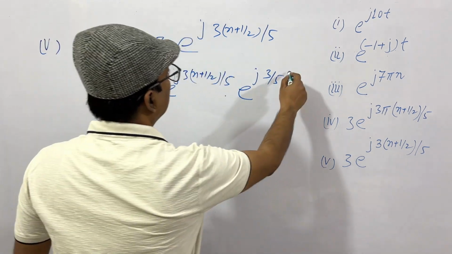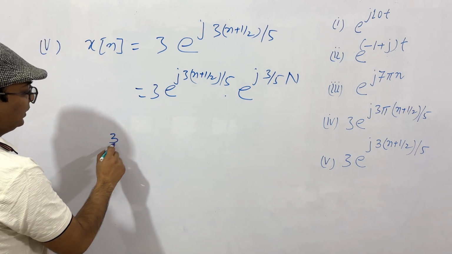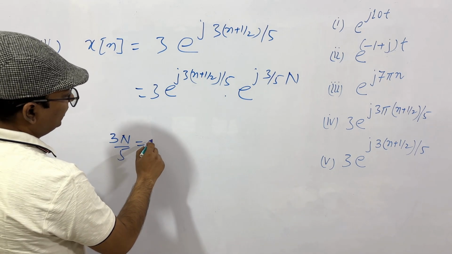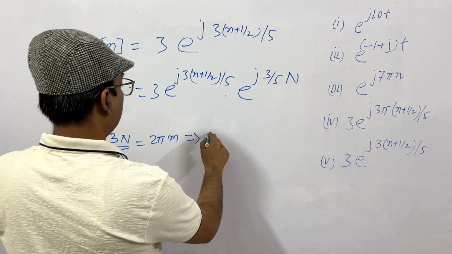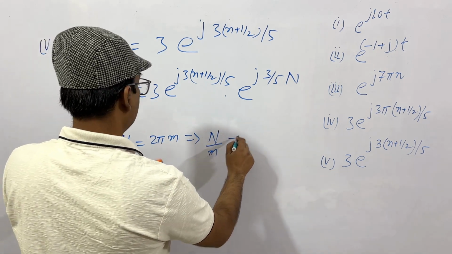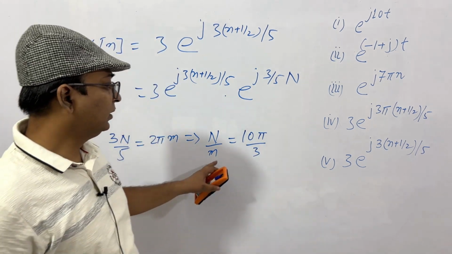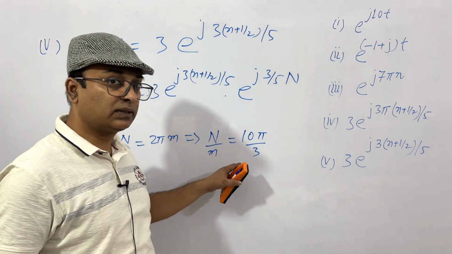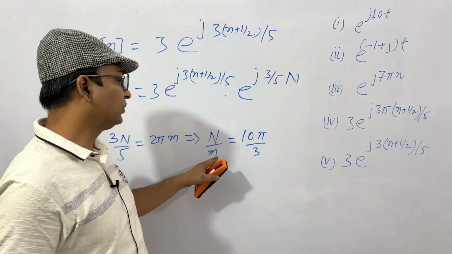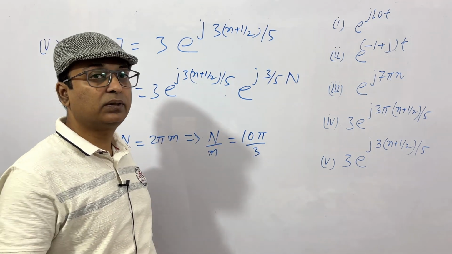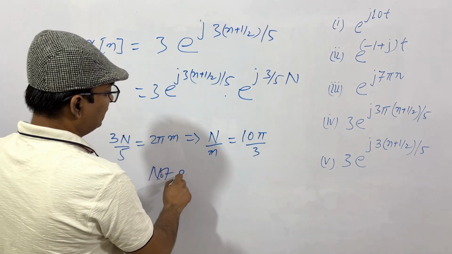There we had 3 pi by 5, here we'll have 3 by 5. So 3N by 5 has to be equal to 2 pi m. From here you get N by m is equal to 10 pi by 3. Now this ratio has to be rational so that your signal is periodic. This is the fundamental definition. For m equal to 3, your N will be 10 pi, which is not rational. This ratio is not rational. Therefore, your signal is not periodic.